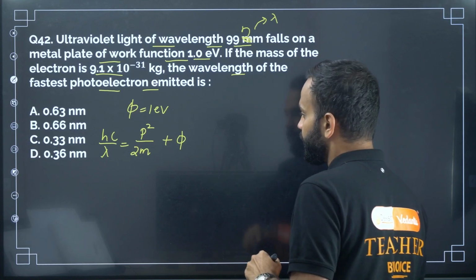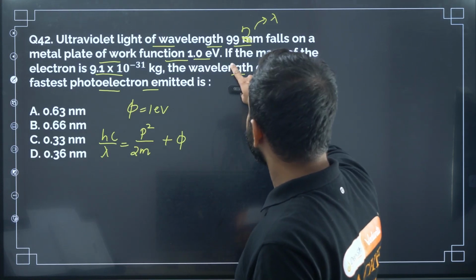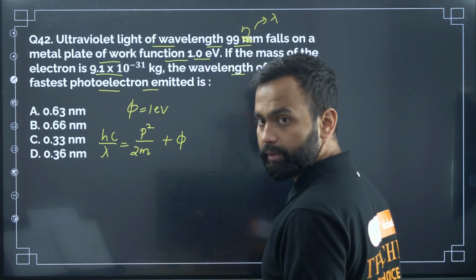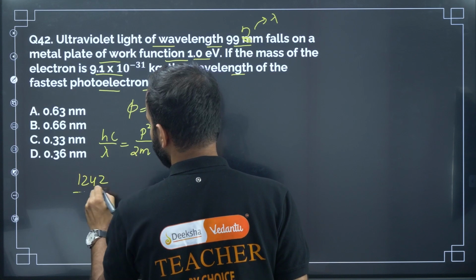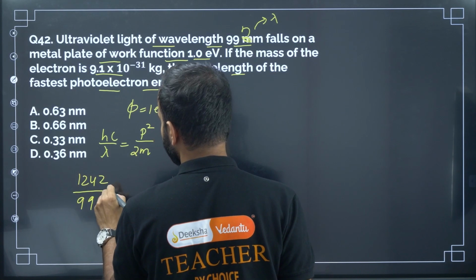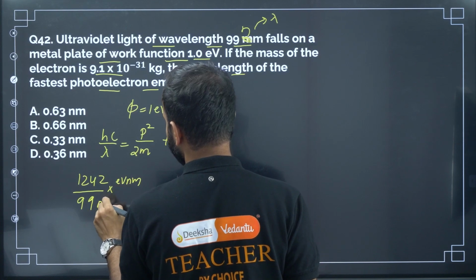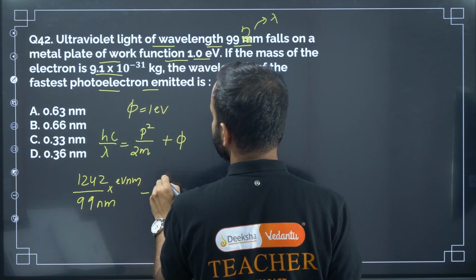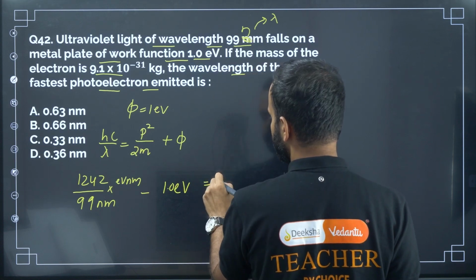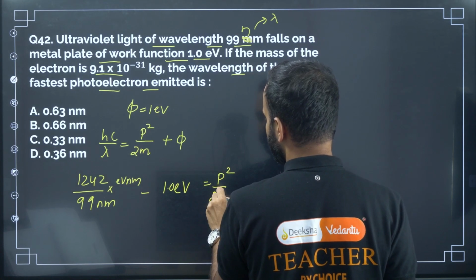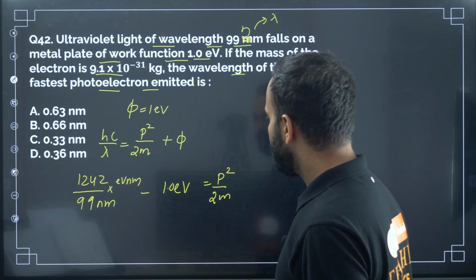Now the ultraviolet light wavelength is 99 nanometer, so hc is 1242 electron volt nanometer divided by 99 nanometer, minus phi, which is 1 electron volt, equal to p square divided by 2m.